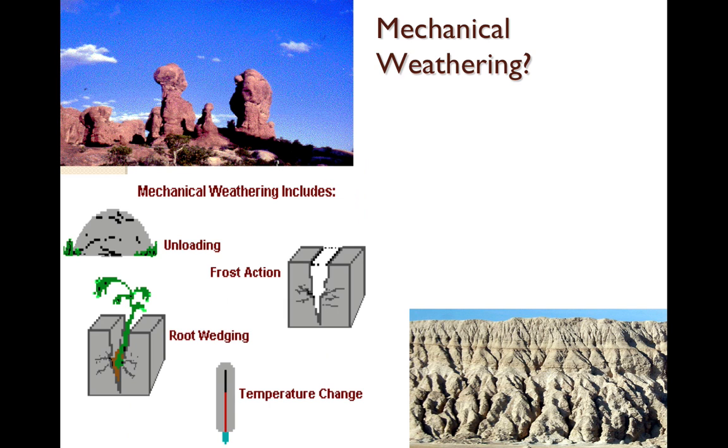We have two different types of weathering that we are going to discuss. The first one is mechanical weathering. I want you to pause for a minute and think about, what does mechanical weathering mean? And will mechanical weathering affect the composition of a material?